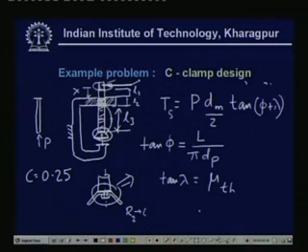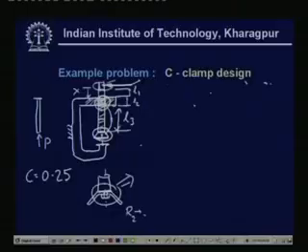Now, let us come to the region which is very important, namely the region of engagement between the screw and the nut. Let me draw the part of the thread over here.